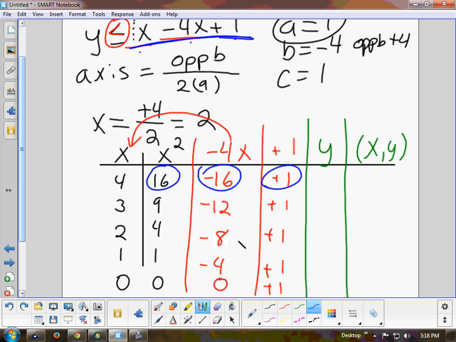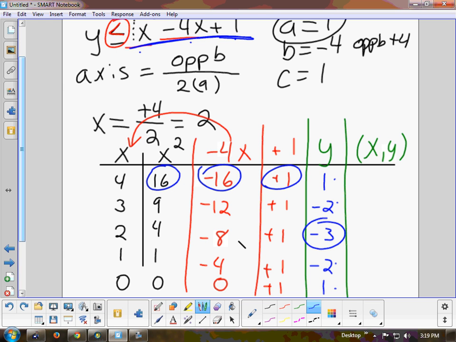Use your calculator. You shouldn't have to on the first one, but if you do, it's going to be 1. The next one is negative 2. Then we're going to get negative 3. The next one should be negative 2, and it is. And the last one should be 1, and it is also. Now I know, because it's centered around my axis, and these numbers are all the same, I'm in a good spot.